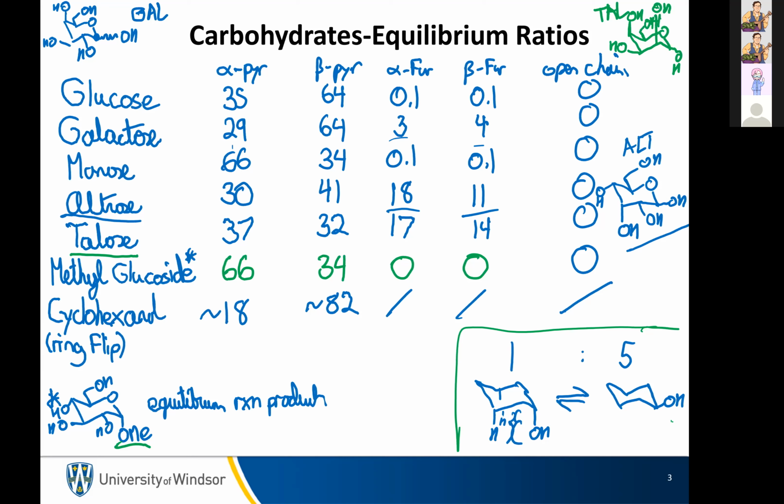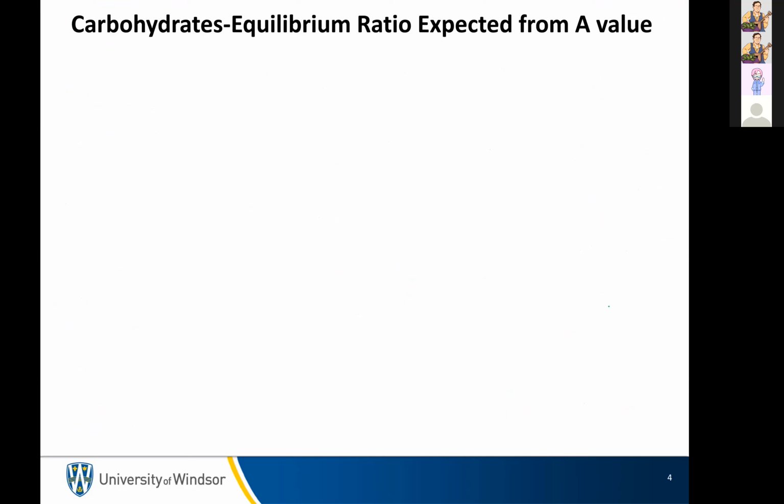This is energetically impossible. And so initially, we considered it was magic. That's just odd.